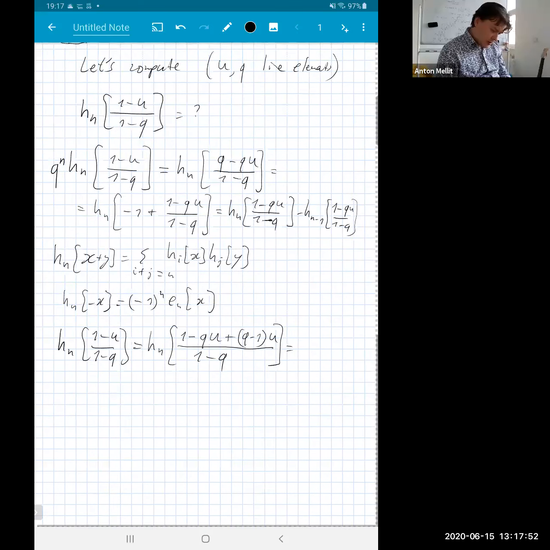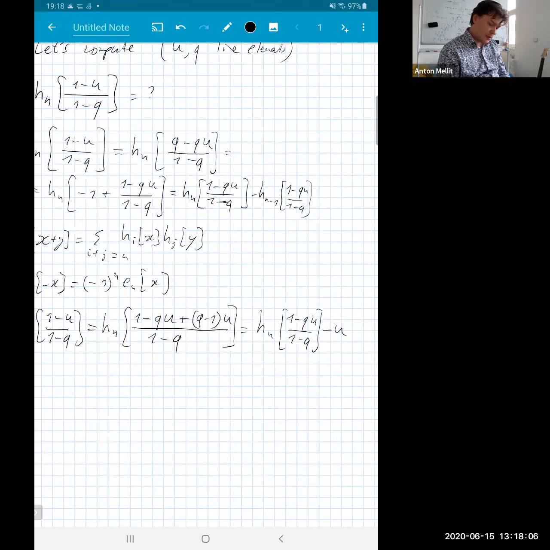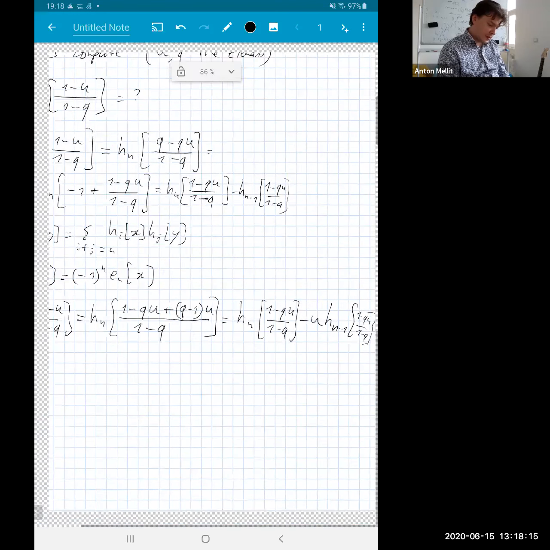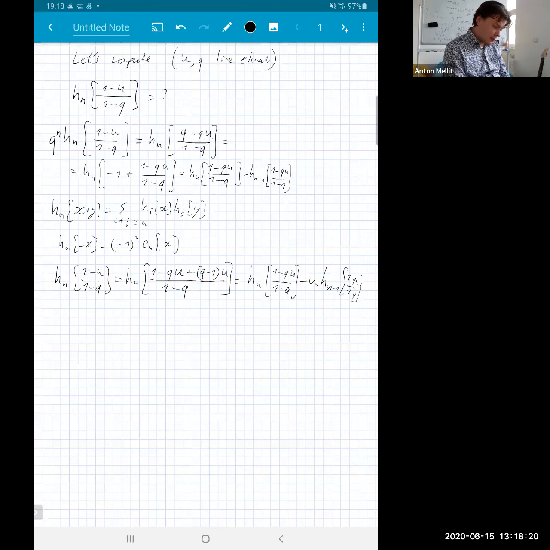And then again, (q minus 1)/(1 minus q) is minus 1. So again, we are lucky that the sum will have only two terms. Minus u times the same h_{n-1} of (1 minus qu)/(1 minus q). See? Now I have two identities, this one and this one.